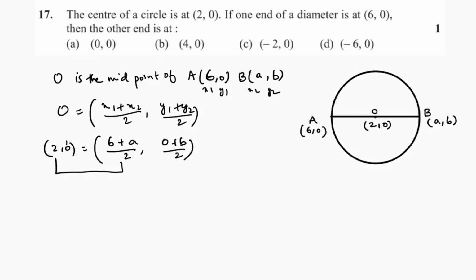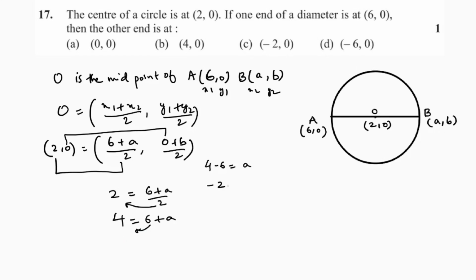I'll equate abscissa with abscissa, ordinate with ordinate. 2 equals (6 plus A) by 2. If I cross multiply, 4 equals 6 plus A. If I take 6 to the other side, 4 minus 6 equals A, minus 2 equals A. So the A value is minus 2.